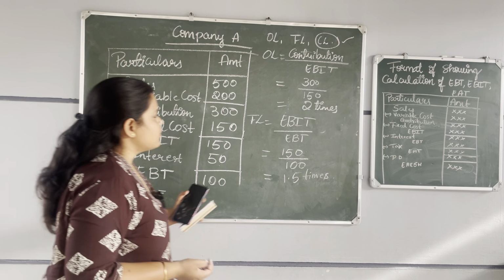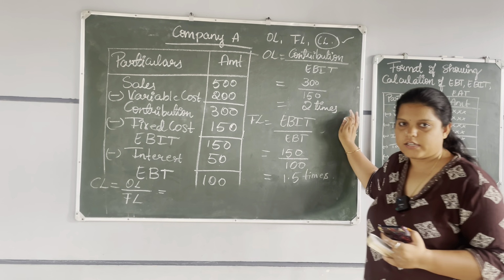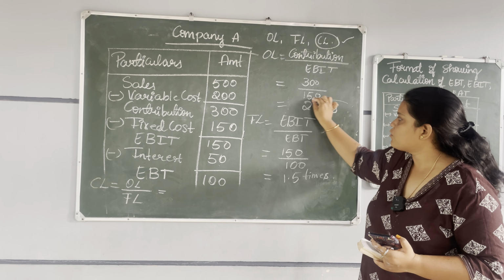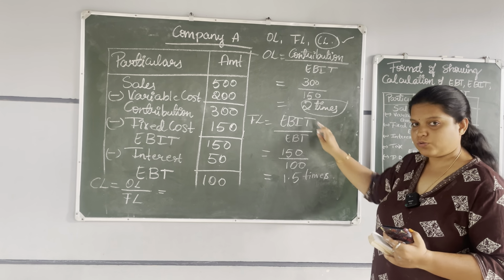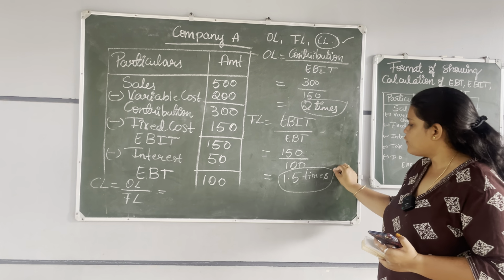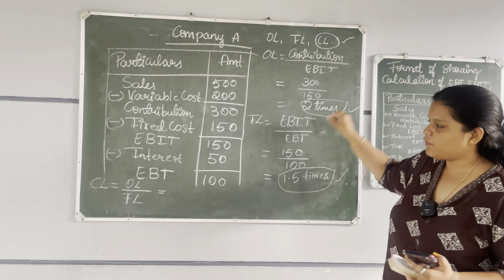What final amount did we get? Operating leverages we got 2 times, means 2. For financial leverages we got 1.5. So these two amounts we have to take.